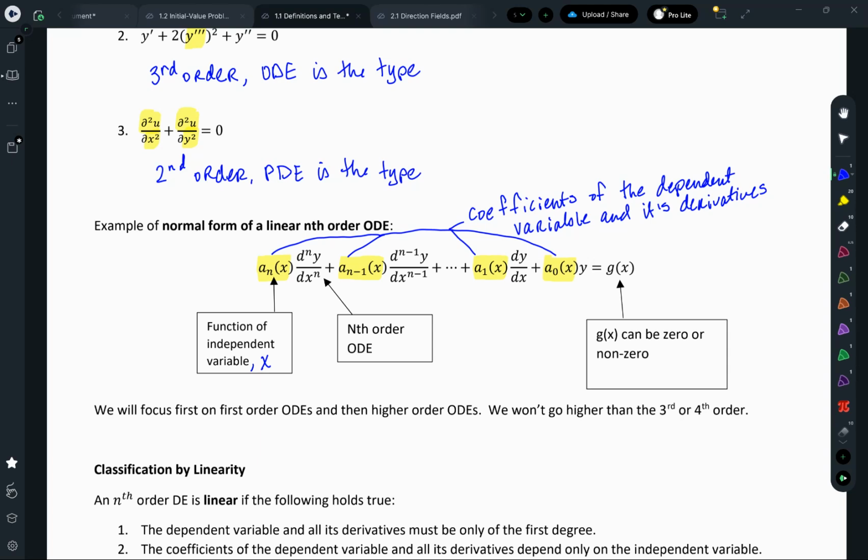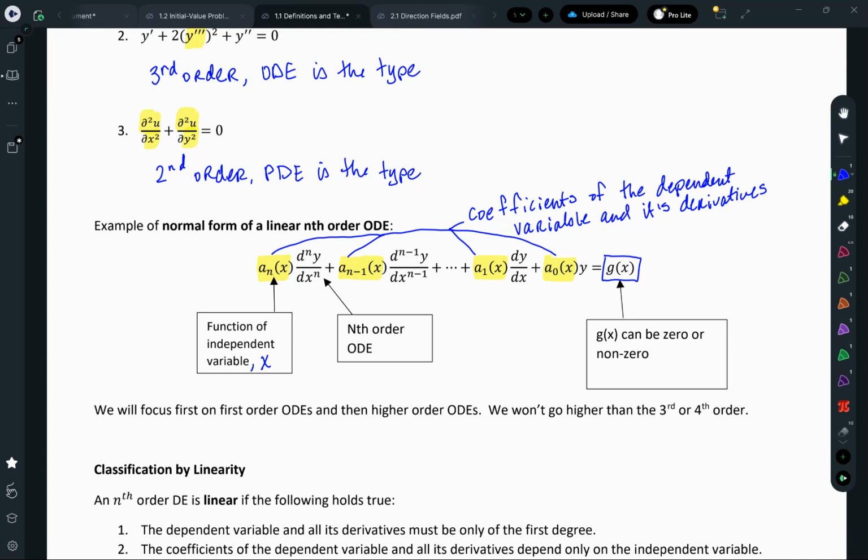Now, on the right-hand side of the equal sign, we have a function of the independent variable hanging out all alone, all by itself. It's like a constant, but it's not a constant. Well, it could be a constant. It could be 7. It could be 0. It could be 3x. But what it is not is a function of y.